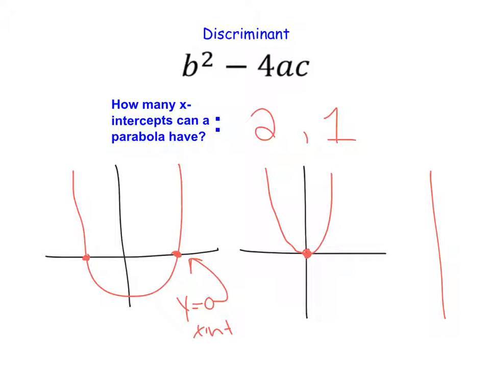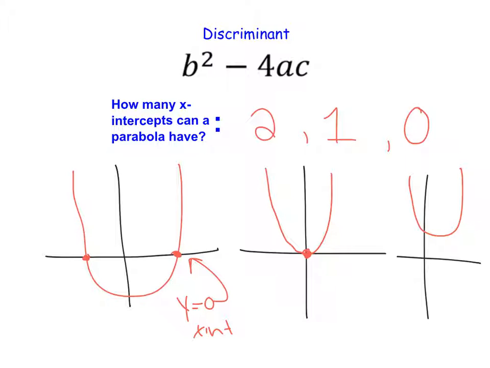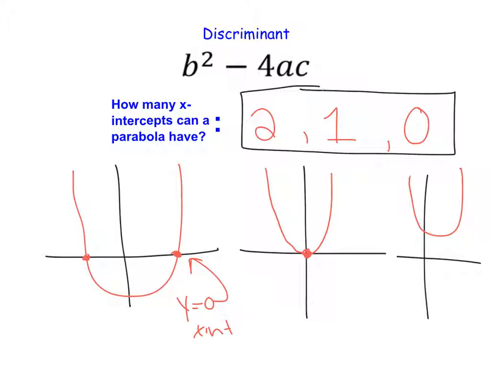And then there is also a situation, believe it or not, where a parabola could contain no x-intercepts, where it doesn't come all the way down, it doesn't touch the x-axis at all, and as a result there are no solutions or x-intercepts. So every time we're solving a quadratic equation, we're going to get two solutions, one solution, or no solution.